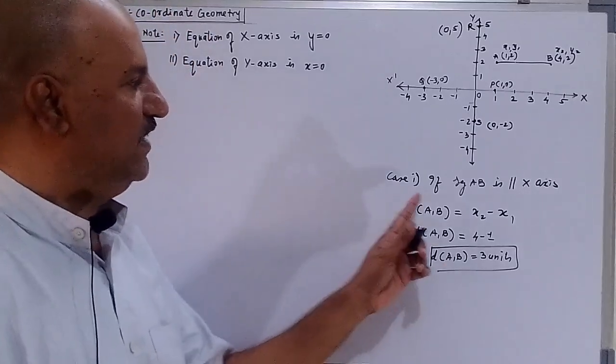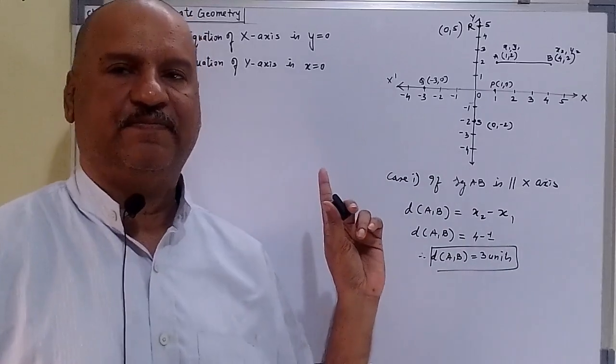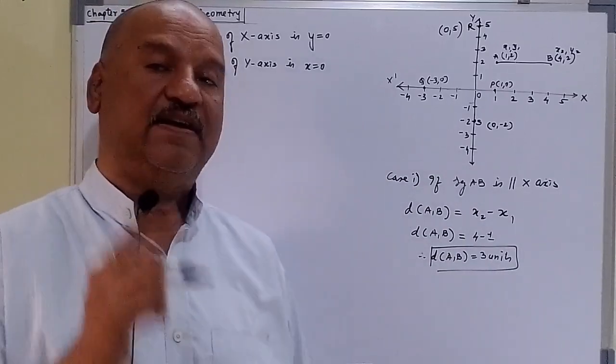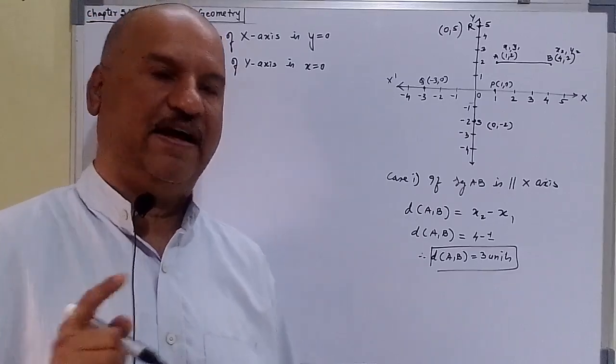Okay? Case 1. If seg AB is parallel to x-axis, how to find the length? It will be the x coordinate that will decide the distance, not the y.